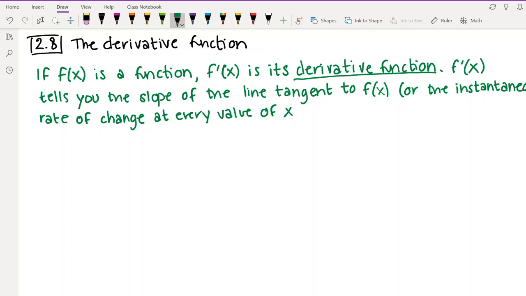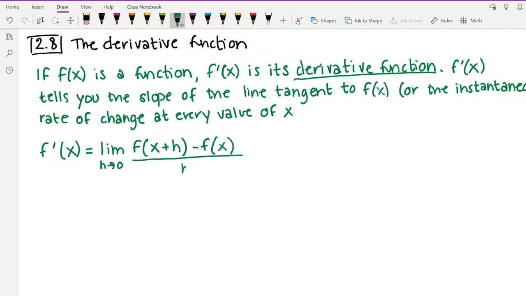So the way that we calculated the derivative function is that we use that same limit definition that we had before, but the only difference is that whereas before we were doing the limit as h approaches 0, and then we did f of a plus h minus f of a, and we actually put in a number for a.